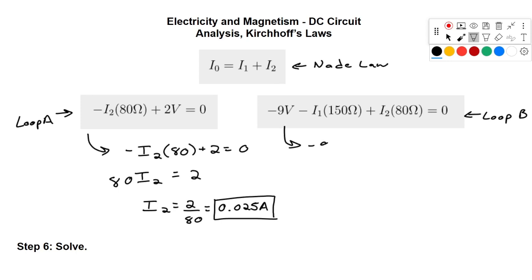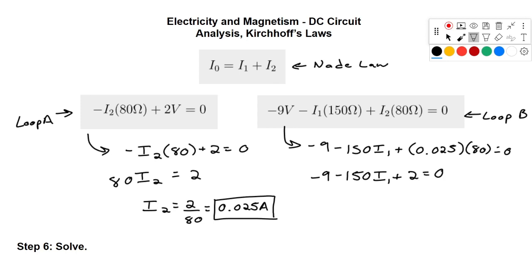So negative 9 minus 150 I1 plus I2 we just evaluated, 0.025 amps, times 80 equals 0. So negative 9 minus 150 I1 plus the product of these, which is 2, equals 0.